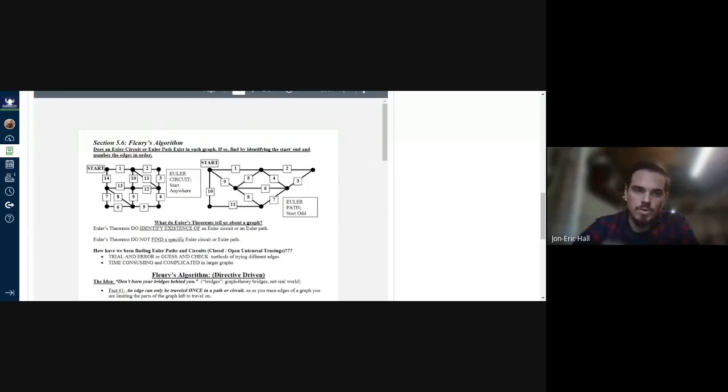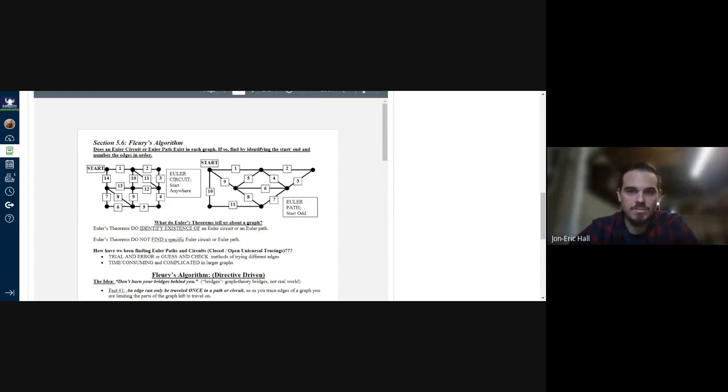Because we know that Fleury's algorithms actually talk about whether a Euler circuit or Euler path exists in each graph, okay? So we're going to look at these two, the circuit being you start at a point, go around, hit everything, and then end back on that point, and the path being you start at a point, you can hit everything one time, but end somewhere other than the point you began.